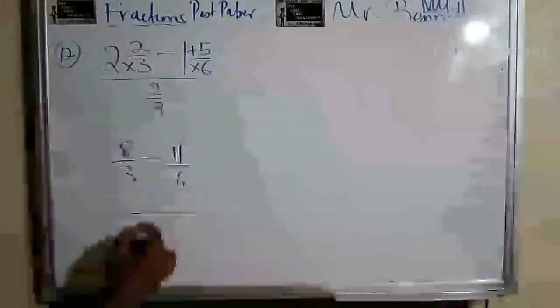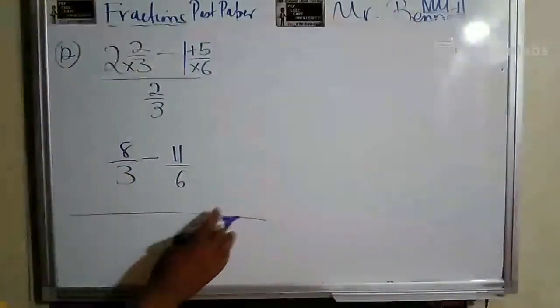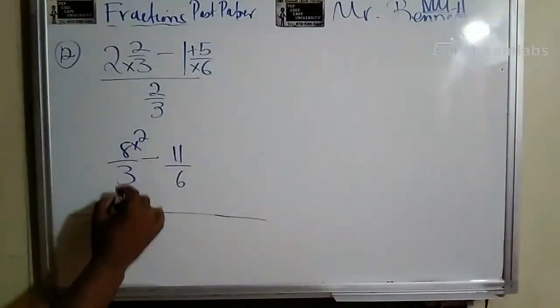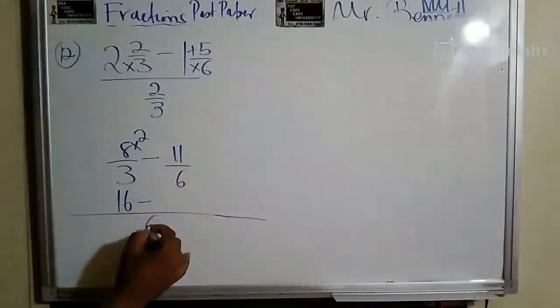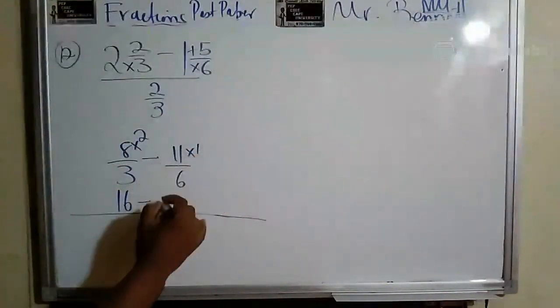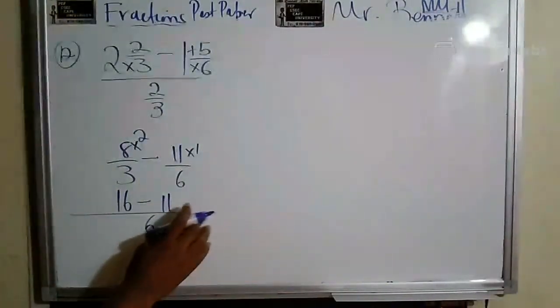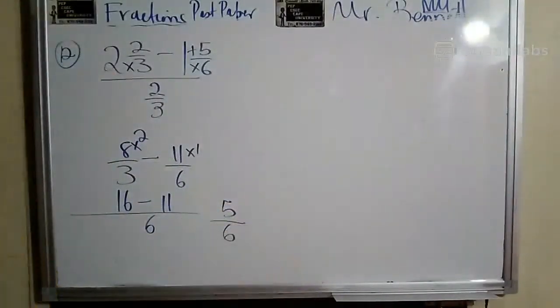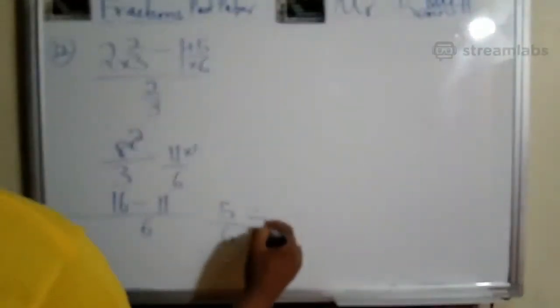Find the LCM of the denominators, which is 6. 3 into 6 goes 2 times, 8 times 2 is 16, 16 minus 11, so we get 5 over 6, divided by 2/3.